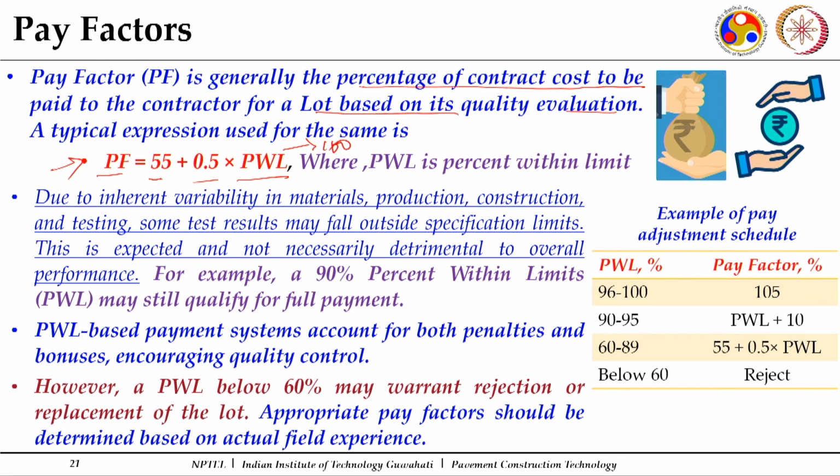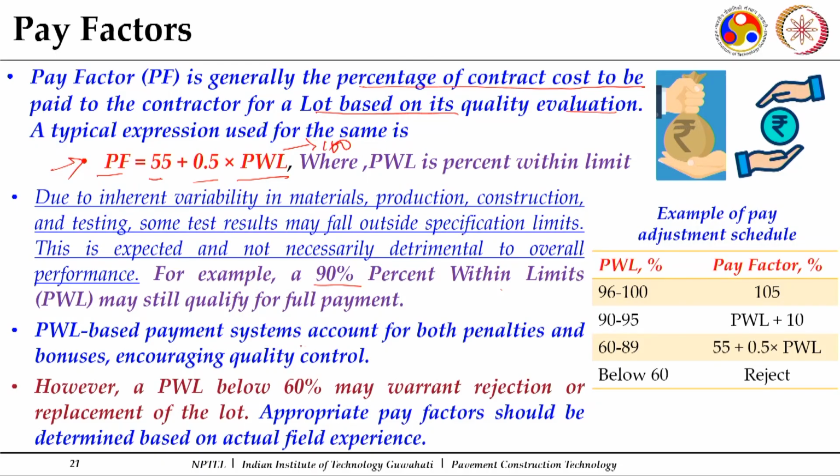That is what we are checking through these percent within limits. For example, a 90% percent within limits, as I mentioned, will work out to a pay factor of 100 in that particular case.